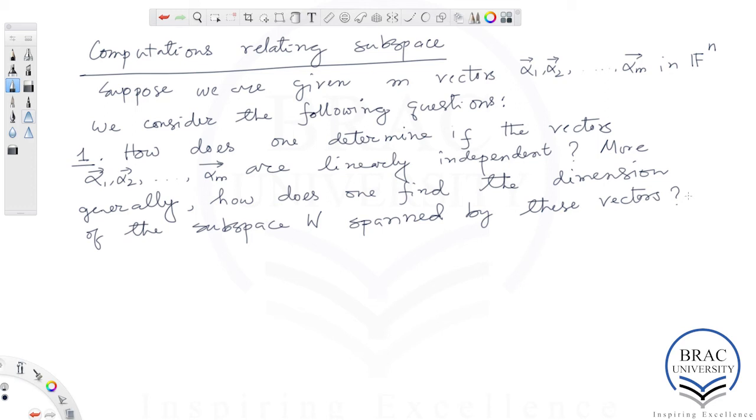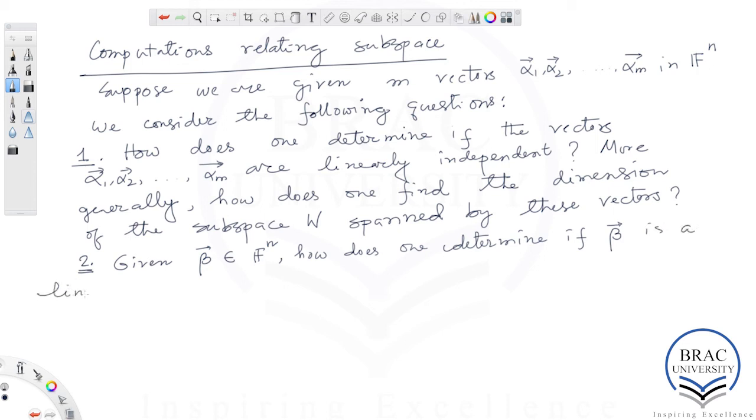Now the second question is, given a vector beta in F to the n, that is, beta is an n tuple, how does one determine if beta is a linear combination of alpha 1, alpha 2, all the way up to alpha m?